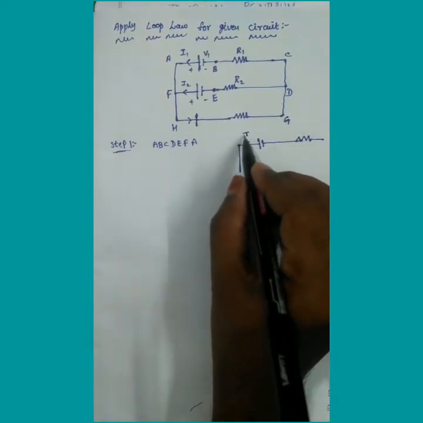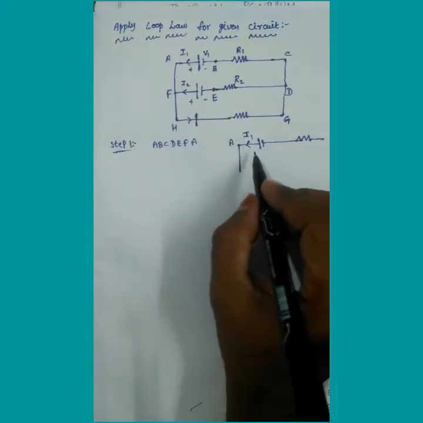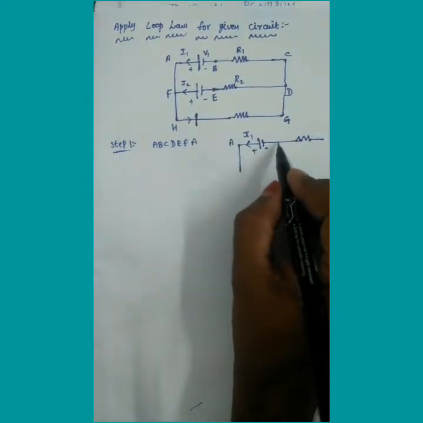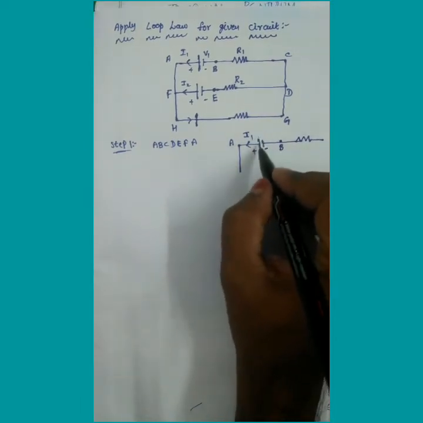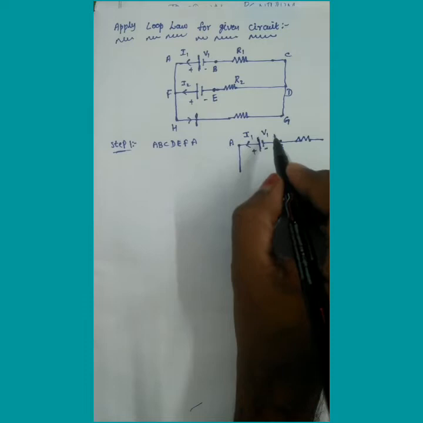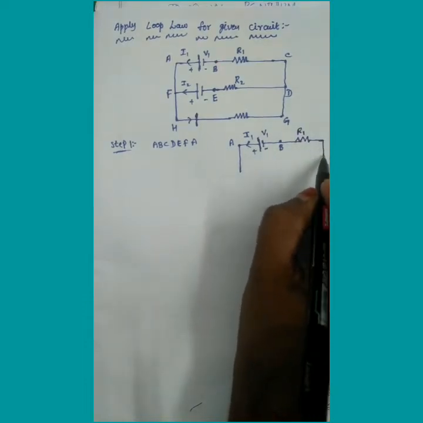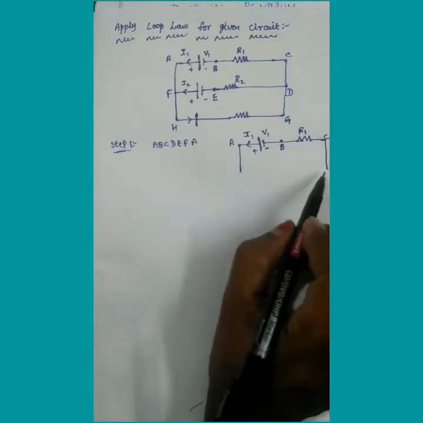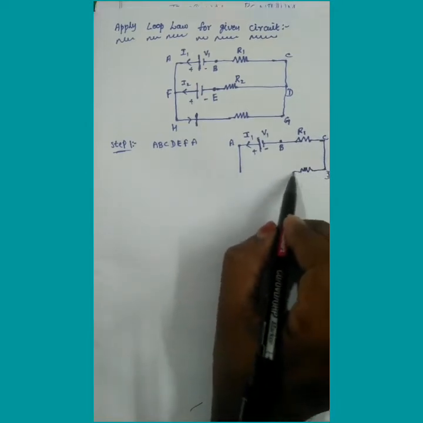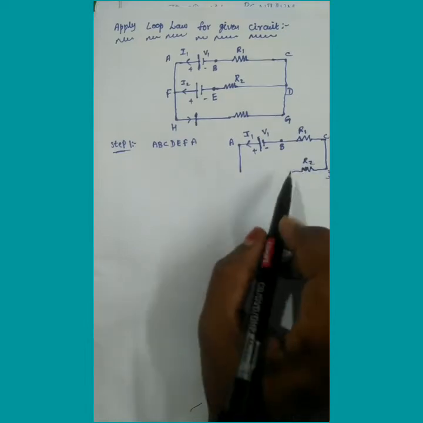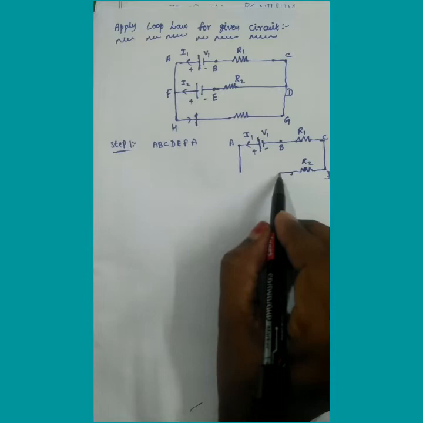In this first loop, the A B C D E F loop, this is A, the positive terminal of the battery, and this is the negative terminal, and point B we are taking. This is the first battery, where the potential difference is V1 given. The resistance is R1, and this point we call C, and this is D, and a second resistor is connected in parallel.